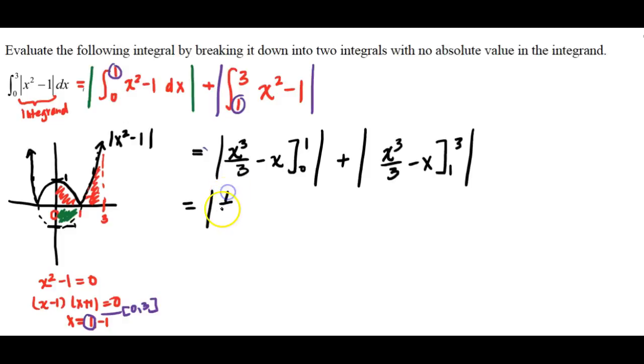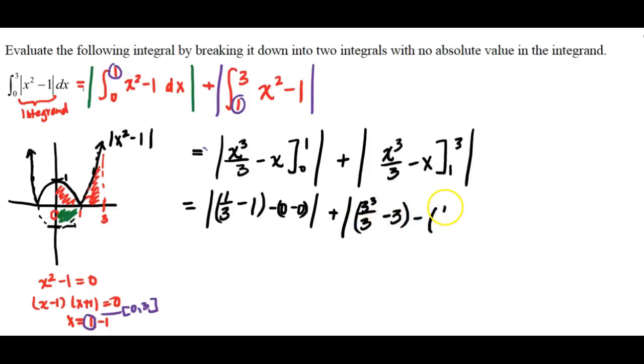So I'm going to have 1/3 minus 1, minus 0 minus 0, plus, now I'm going to have 3 cubed over 3 minus 3 minus 1/3 minus 1.